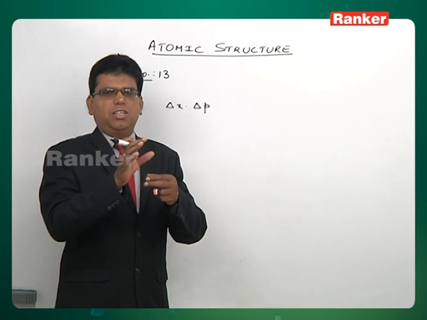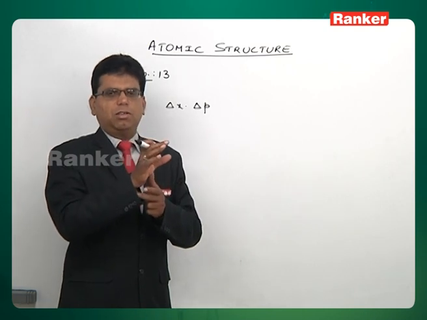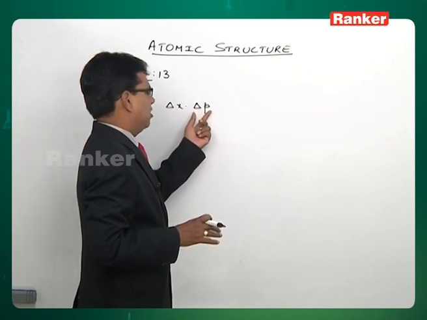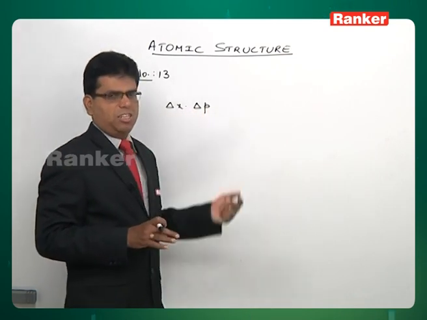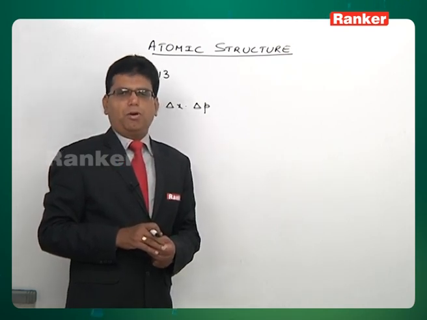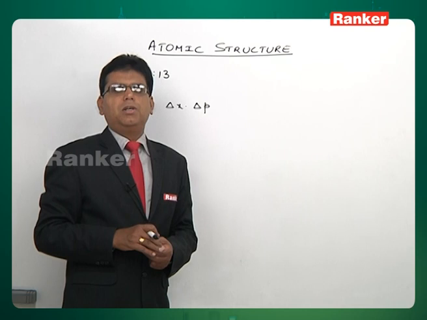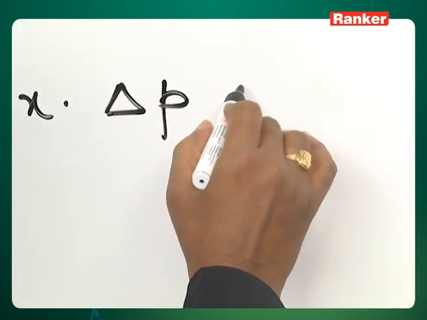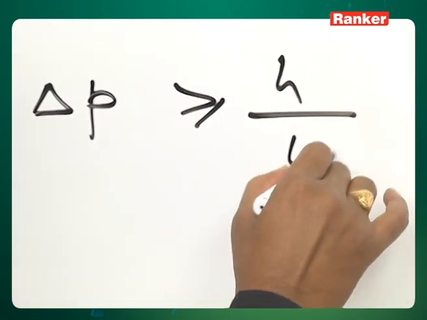There will be some uncertainty associated with both the measurements, and if you take uncertainty in position as delta x, and uncertainty in momentum as delta p, then according to uncertainty principle, the product delta x into delta p is greater than or equal to h by 4 pi.